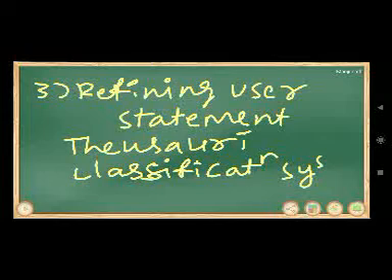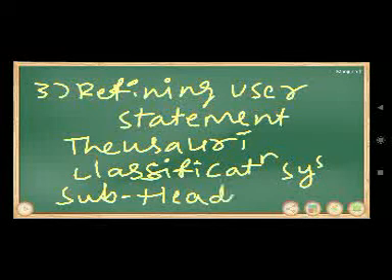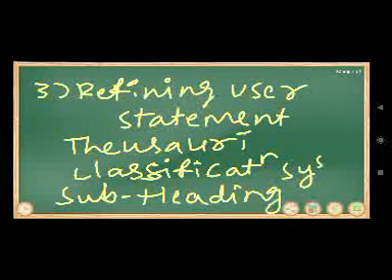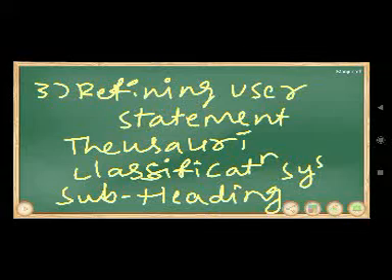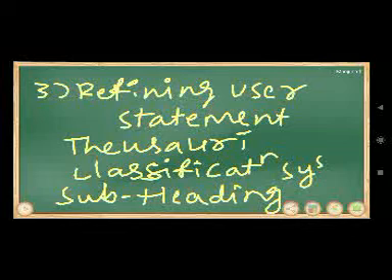Next, using the subject headings, finding the proper subject heading for the title or for the subject the user is looking for. Thesaurus is for finding the proper terms, searchable terms, standard terms that the user looks for, so we can search it. These are the tools we use in refining the user statement.